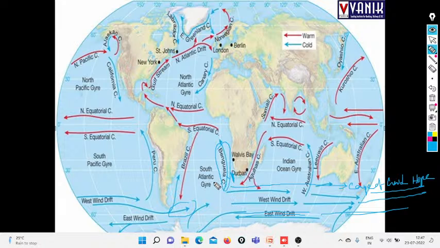It may be generated due to the upwelling process.